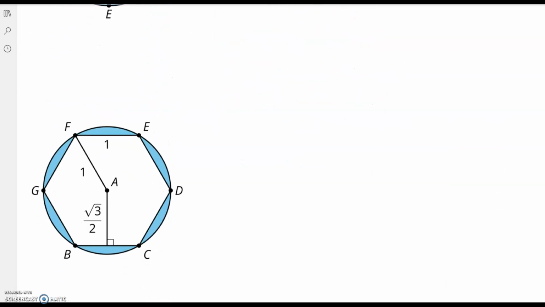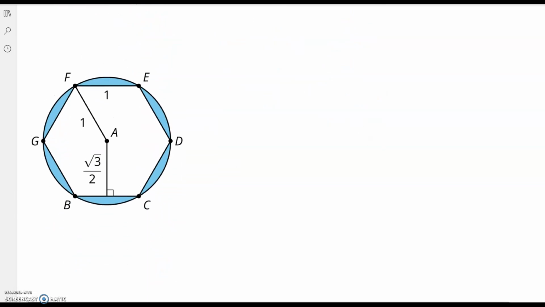Now, when we scroll down here, finding the area of this shaded region is going to be a little bit tougher. What we need to recognize is that we have, first of all, a hexagon. In order to find the area of this hexagon, I would suggest we recognize that this hexagon is nothing more than 6 isosceles triangles.